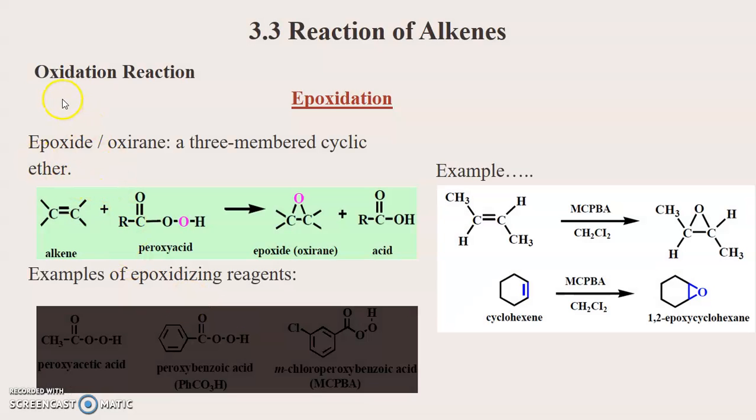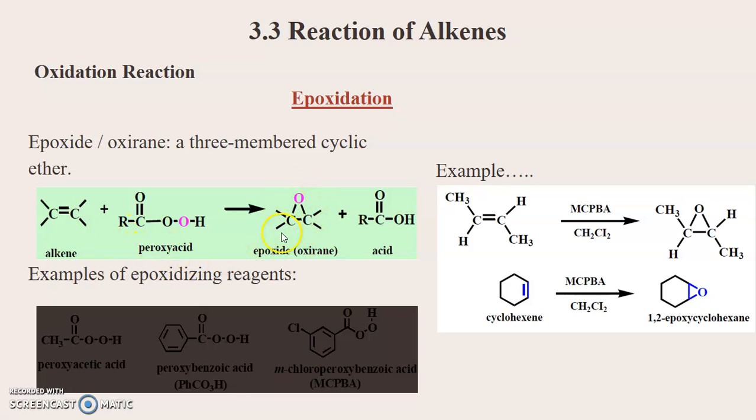The second reaction is epoxidation, which uses peroxy acid to produce an epoxide. An epoxide is a three-membered cyclic ether, this one.